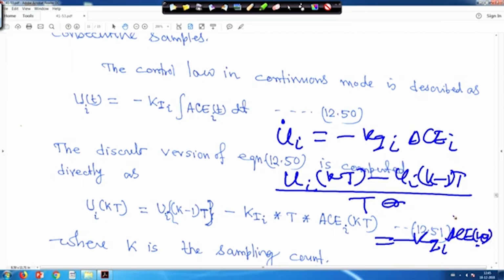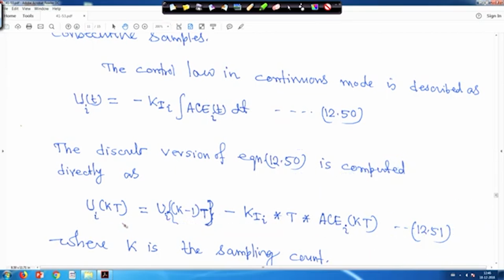Just cross multiply, and this will be your equation: u_i(kT) is equal to u_i((k minus 1)T) minus K_II times T times ACE_i(kT).